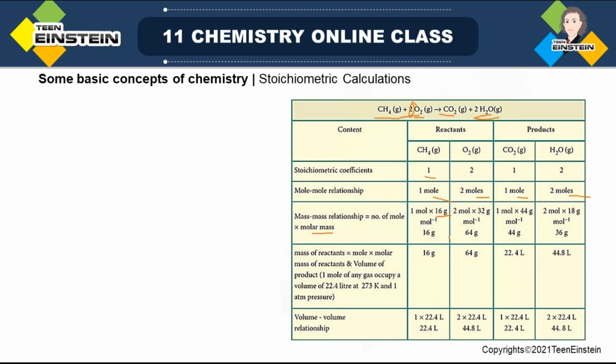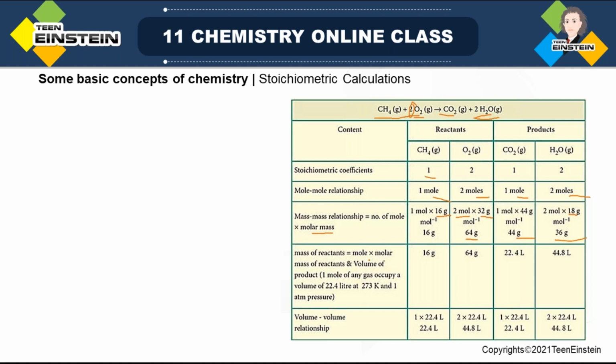So it is 12 plus 4, 16. 16 is the molar mass of methane, and here 1 mole, so 1 mole multiplied by 16 is 16 gram. For oxygen, molar mass is 32, but total moles 2, so it is 64. Similar is the calculation for these two also. 44 is the molar mass of CO2, 18 is the molar mass of water.